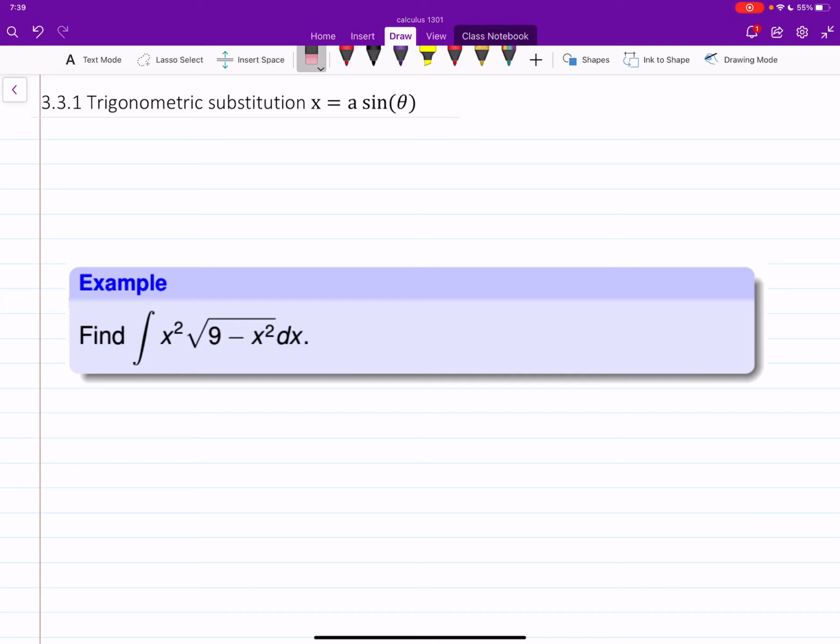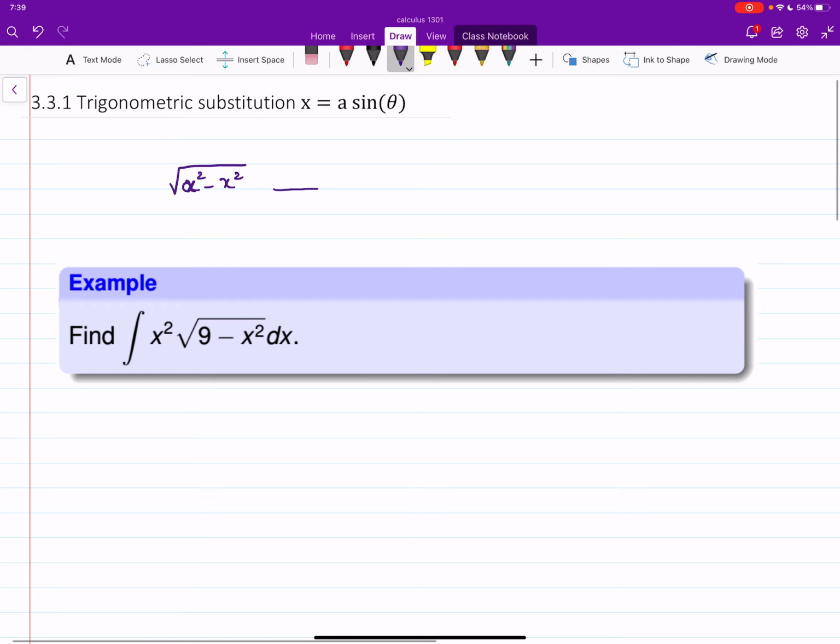Hello everyone. In this video, we will do some examples for trig substitution x equal to a constant times sine theta. This substitution works when you have the square root of a constant squared minus x squared in your integral.